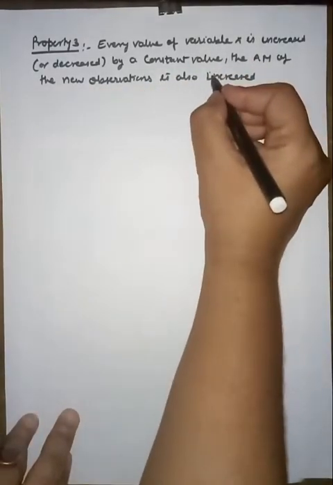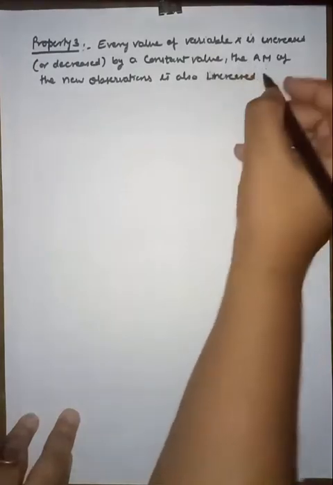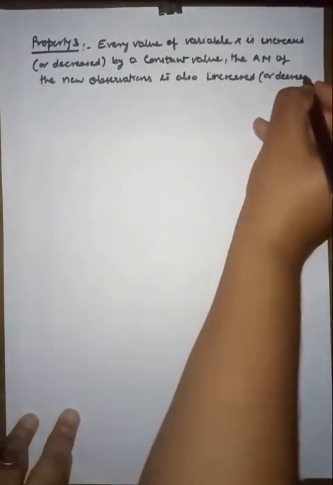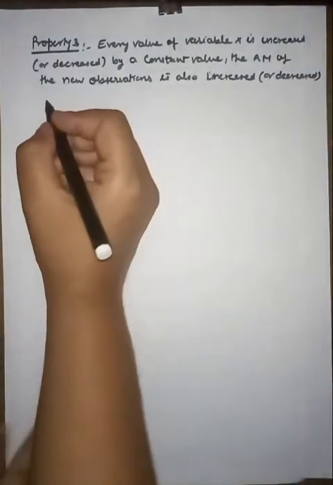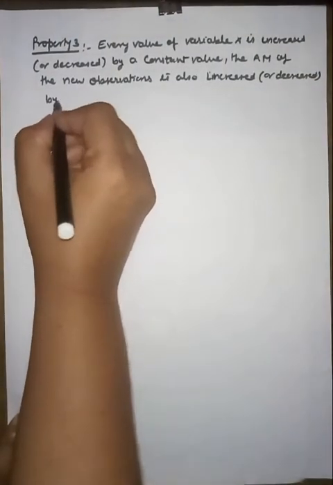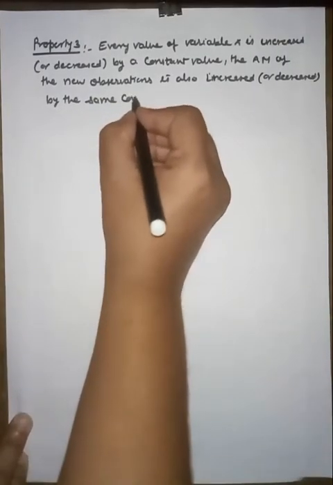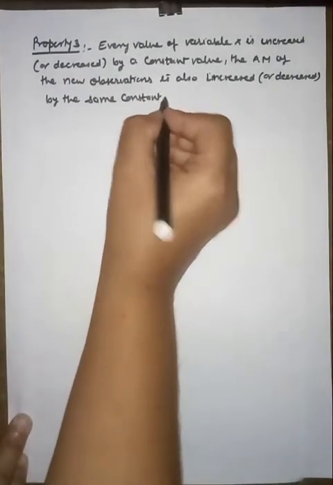If the value is decreased, then the arithmetic mean is decreased by the same constant, right?